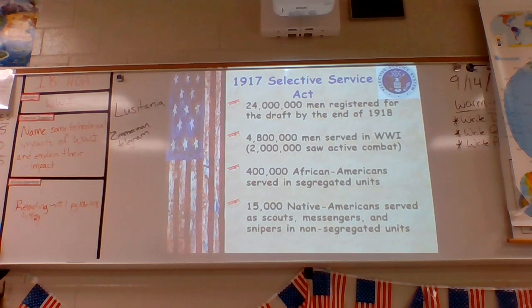How the draft works is they put 365 balls into a lottery thing, and then they pull out a date, and it's by birthday. That's how you get selected for the draft.